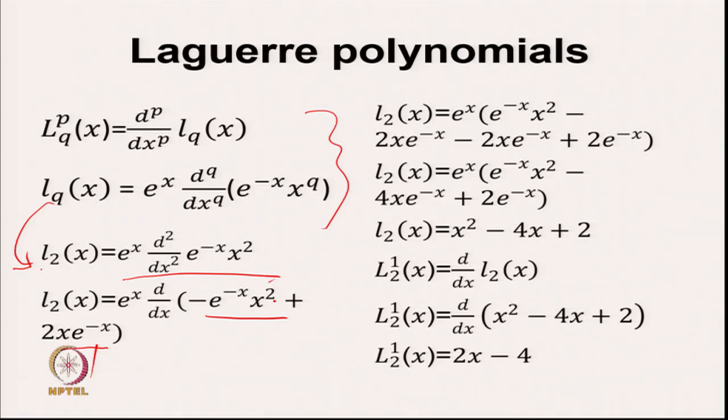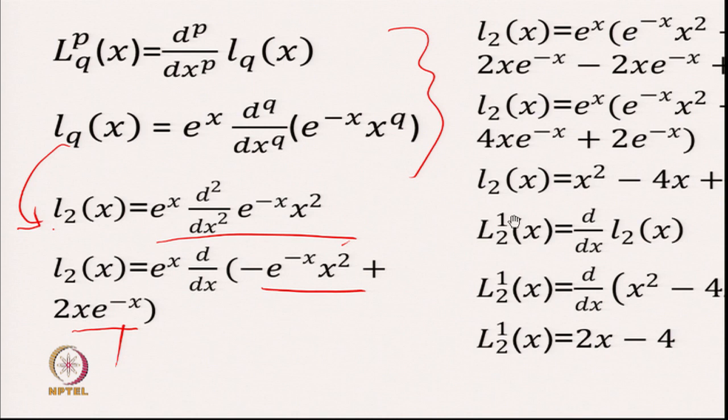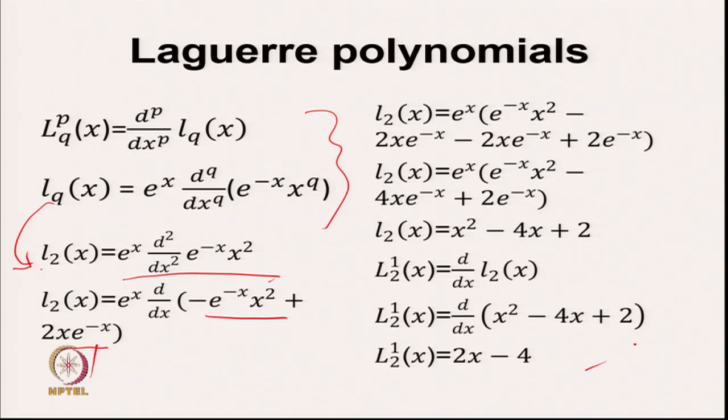Now, L_2(x) still has one d/dx term, with e^x from here. Now, I am differentiating this term first. Here, I first took x^2 as constant and differentiated e^(-x), so I will get plus e^(-x) x^2. And now, I took e^(-x) as constant and differentiated x^2, so I will get this one.